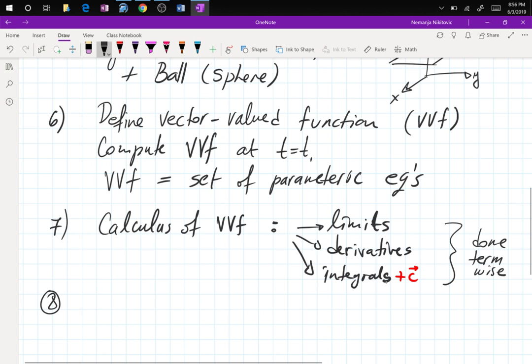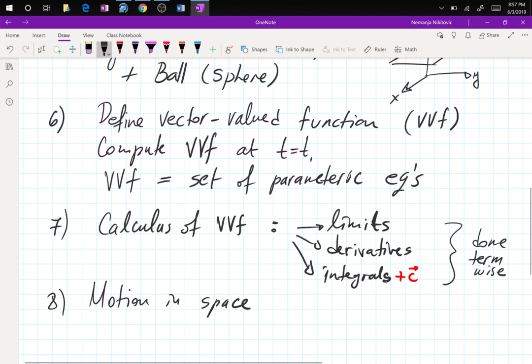Concept number 8 is going to be motion in space, which is literally application of calculus of vector valued functions. You know what? Maybe I should.